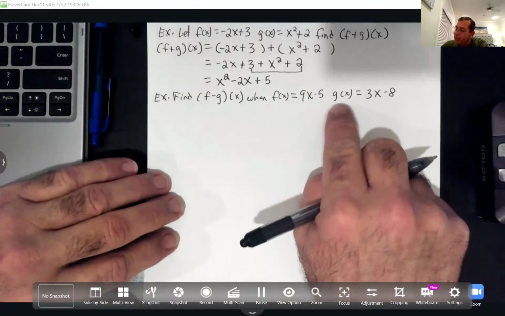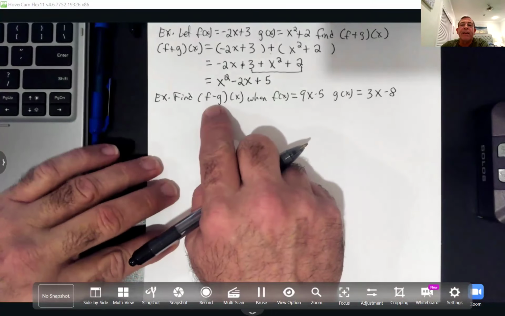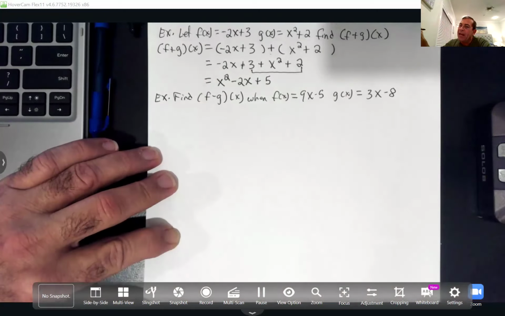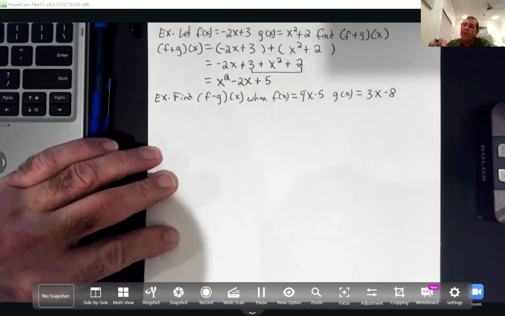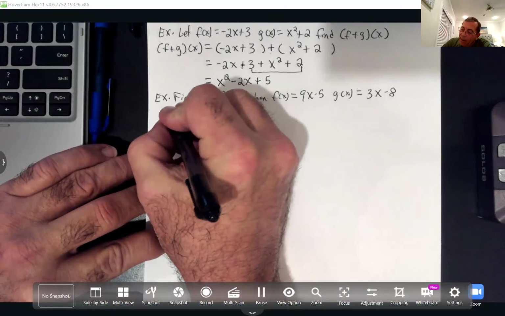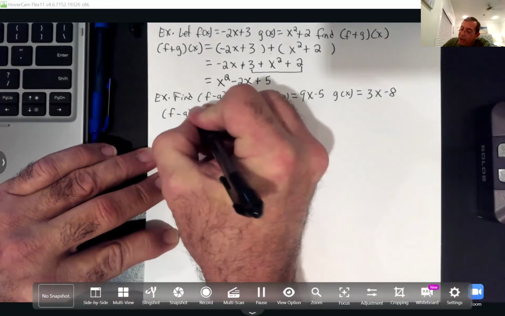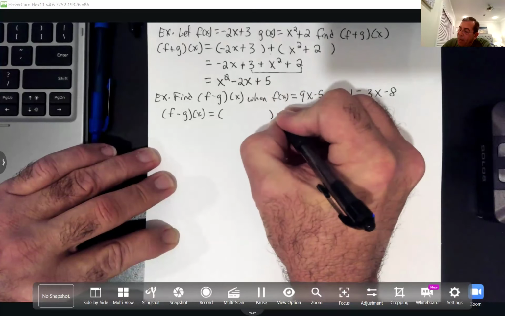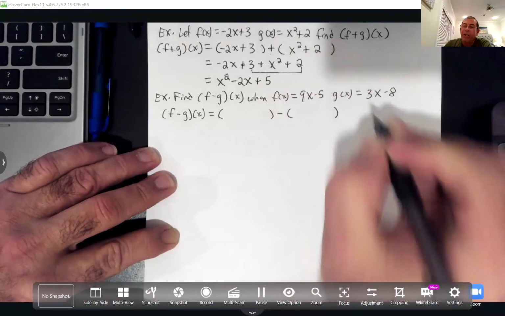So this one is subtraction, f minus g of x. I remember I got to distribute my subtraction first when I get rid of the parentheses and then combine like terms. So f minus g of x will equal our f minus our g.